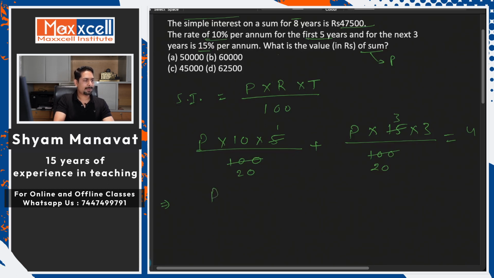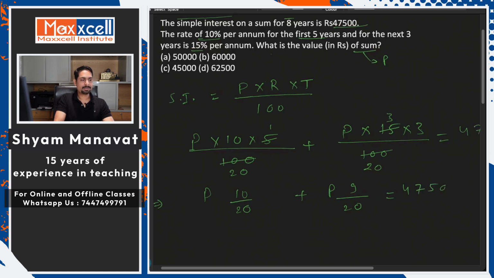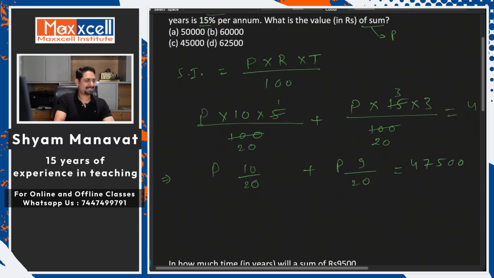Here I got P times 10 by 20, and P times 9 by 20, since 3 3s are 9. So the denominators are the same, and you don't have to take the LCM again.